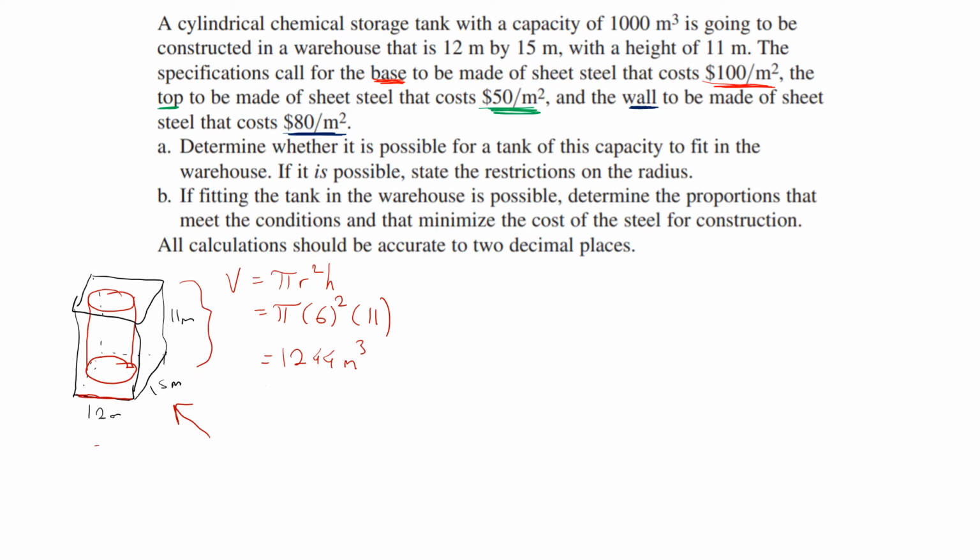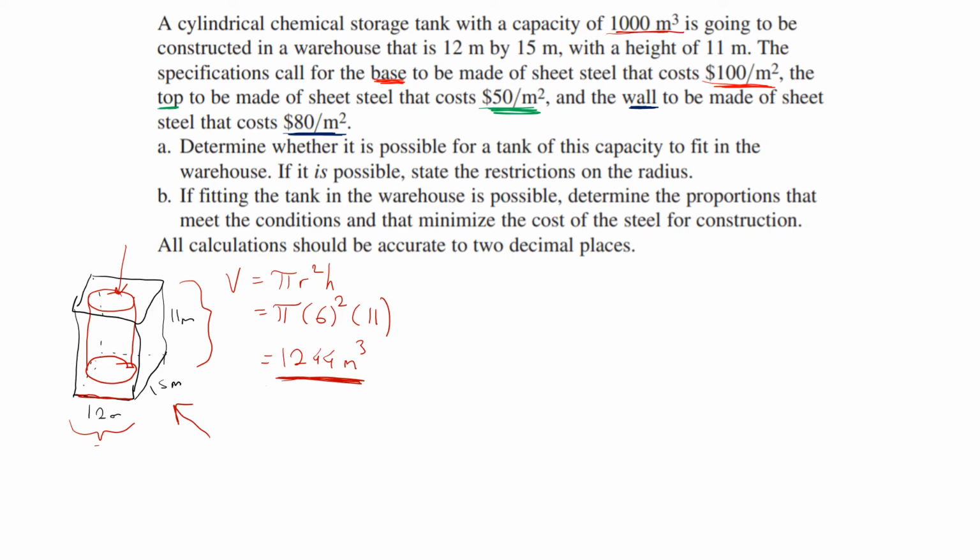We counted 6 because that is the maximum capacity for radius. So since I know inside of this warehouse I can have a tank that has up to this volume, I know that original capacity of my tank is 1000 meter cube.